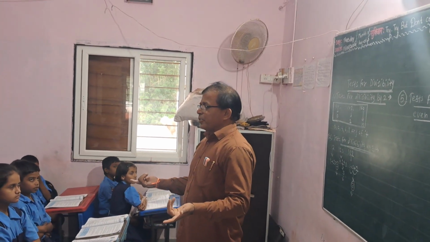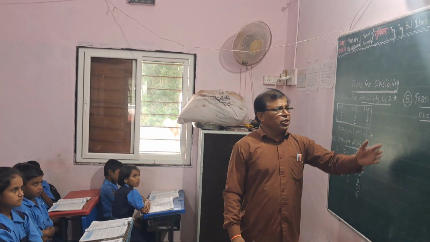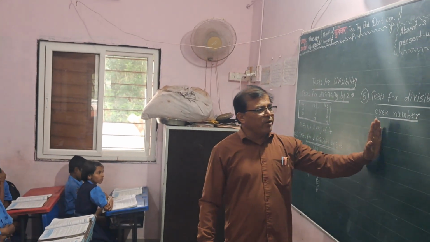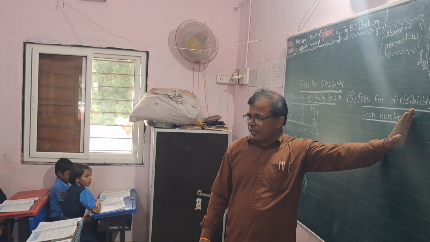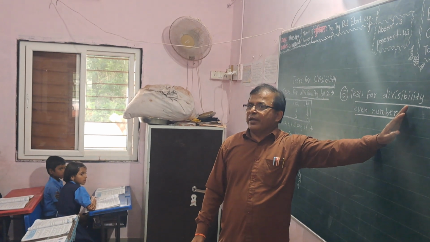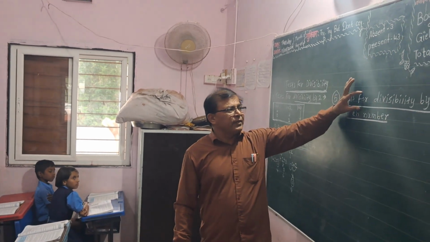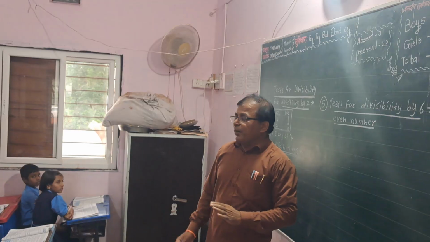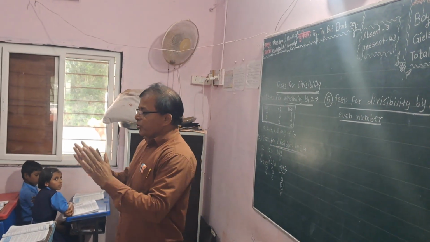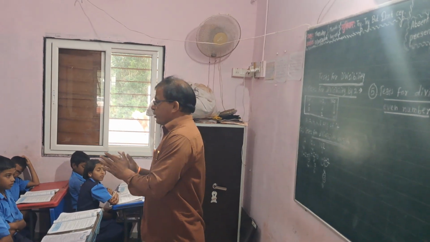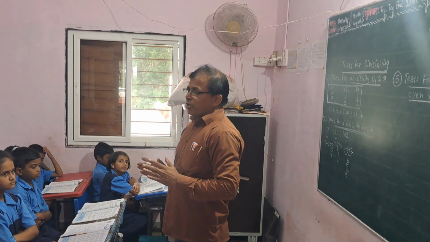That's a simple definition, and in this test the number must be even. There is need of the test for divisibility by 2 and 3. Both of the tests are important here.